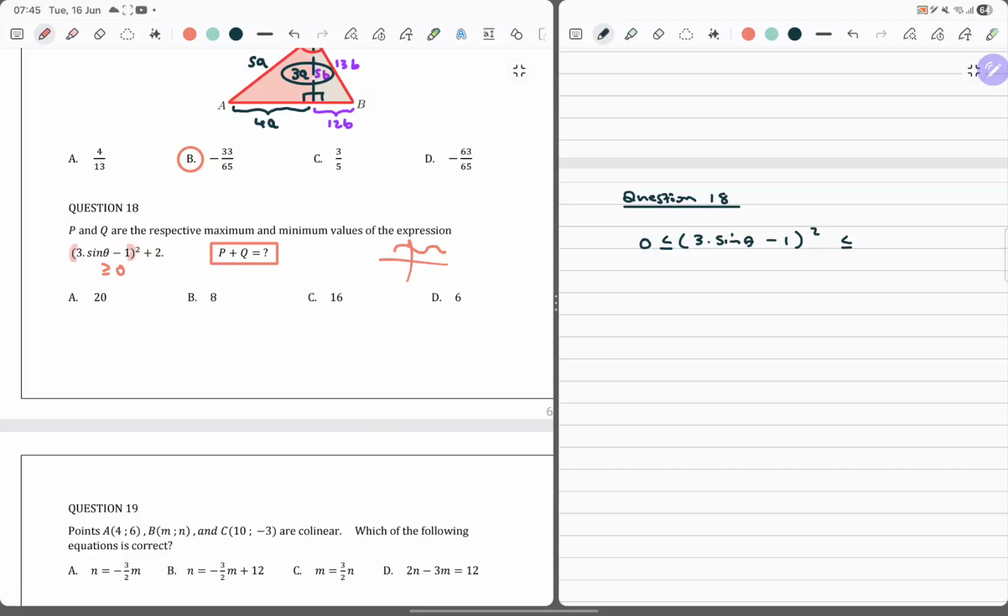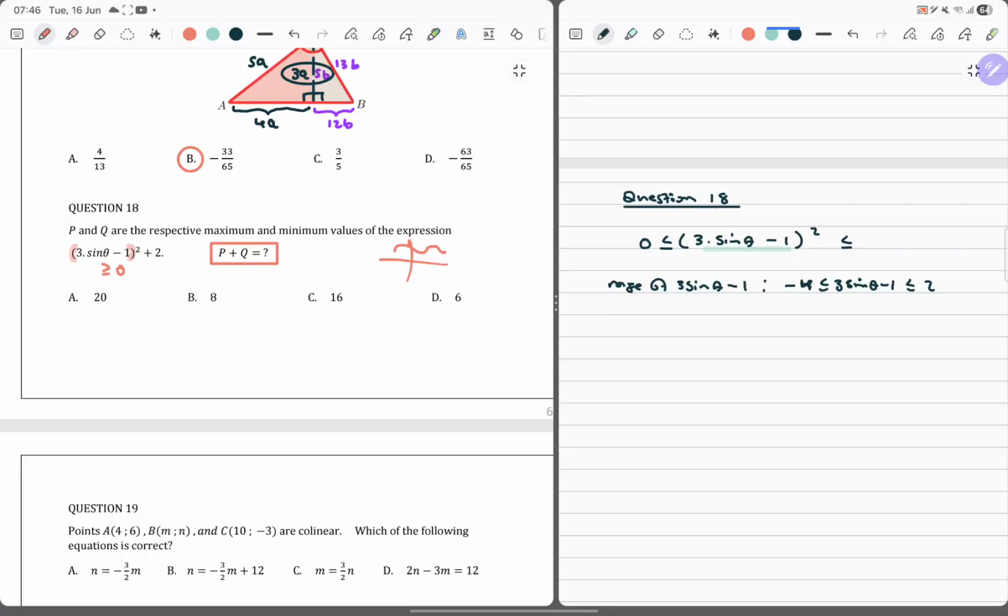So that's the first thing. But now what would be the big value here? The big value will come from the biggest value we can get here. If we look at the range of 3 sine theta minus 1, it is going to be minus 3 minus 1, which is minus 4, less than or equal to 3 minus 1, that is 2.